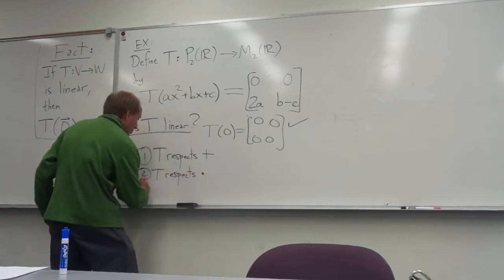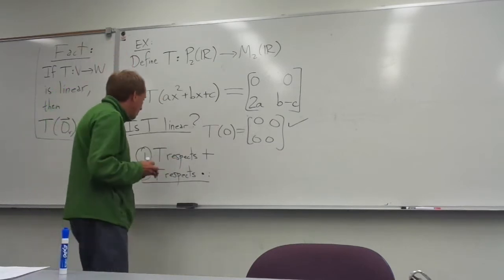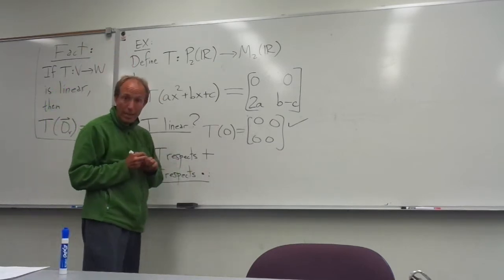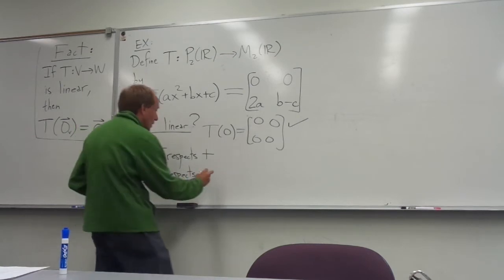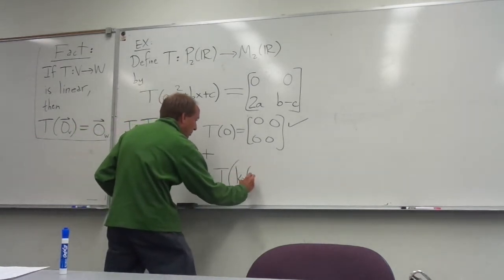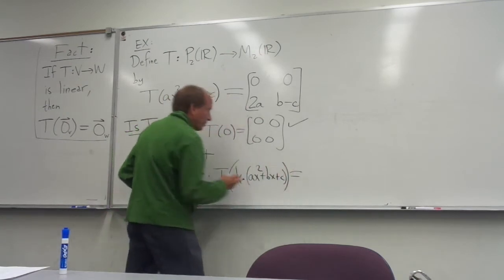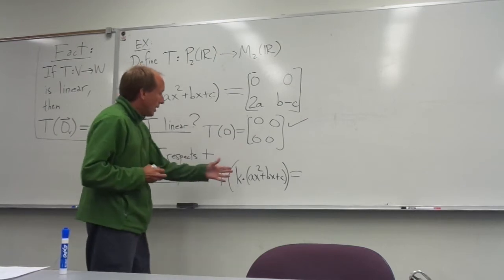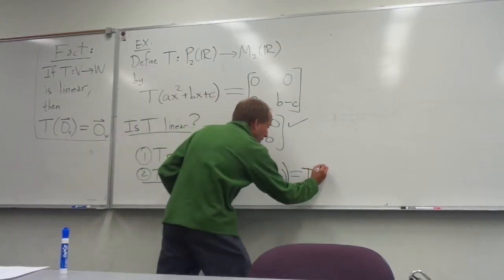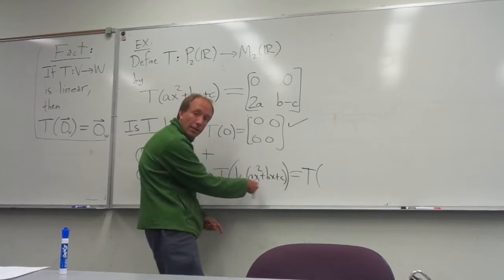Let me just show you the respecting multiplication part this time. I think I did the addition part on another one. Let me just check the multiplication for you. So this time what you're going to do is take a constant times ax squared plus bx plus c. Now, the first thing you have to do, algebraically, is multiply the k into the polynomial.